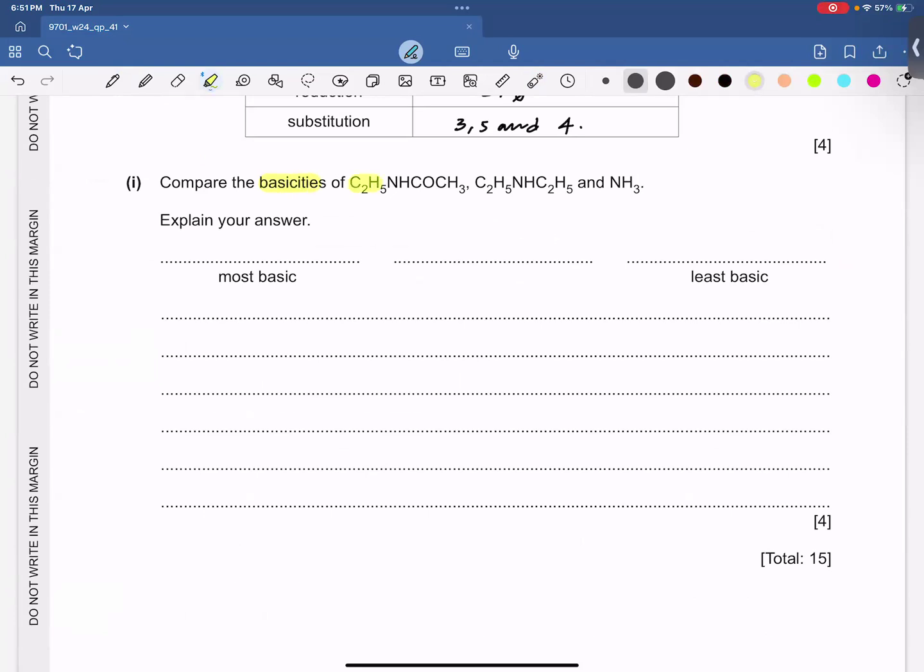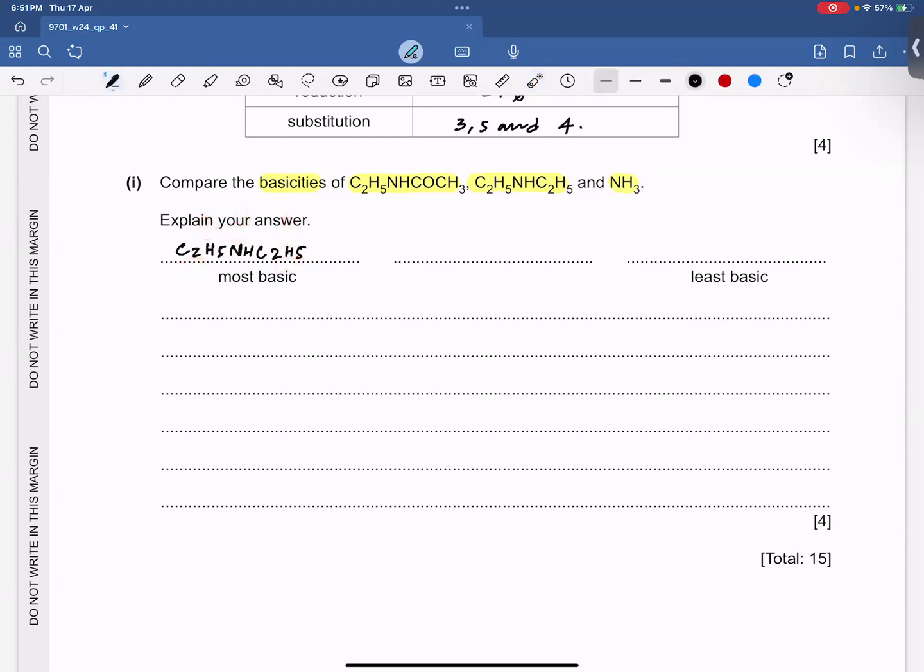Compare the basicities of amide, amine and ammonia. So most basic is aliphatic amine, obviously C2H5NHC2H5, and this is because we have 2 electron donating alkyl groups. So both of them have positive inductive effect, which is why lone pair is easily available for protonation.